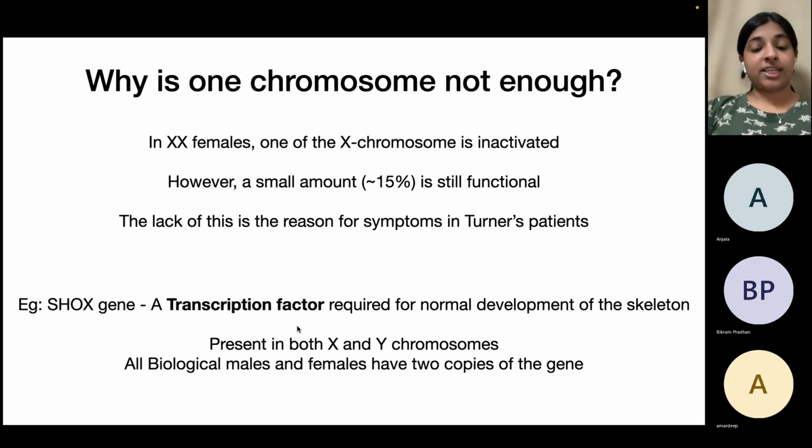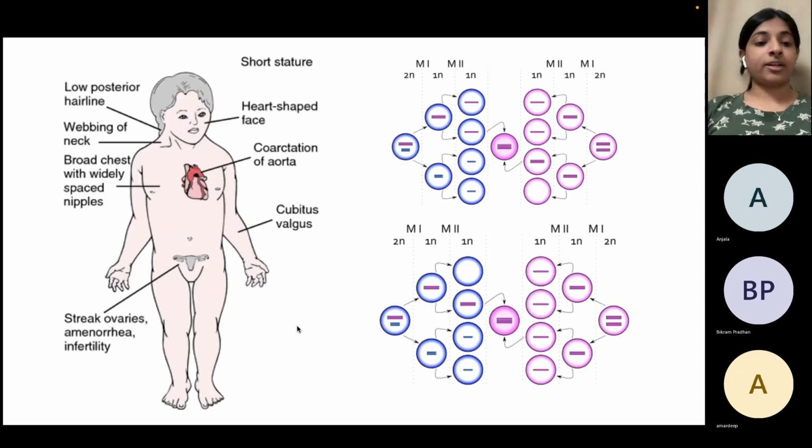So a healthy cell will have 2 copies of the gene that are being always transcribed and translated. If you have X0, which means that there's only 1 copy per cell, there is a deficiency in the transcription factor. And if there is triple X, there are 3 chromosomes synthesizing this protein. There is an excess of this transcription factor.